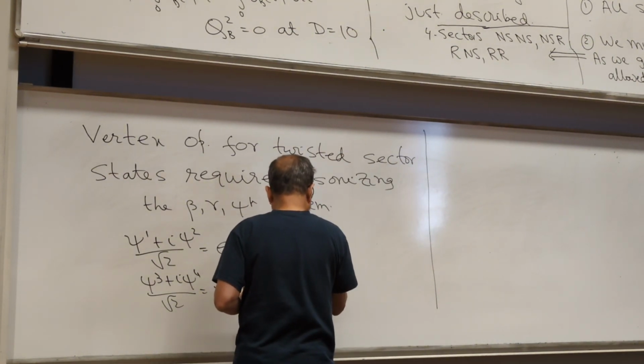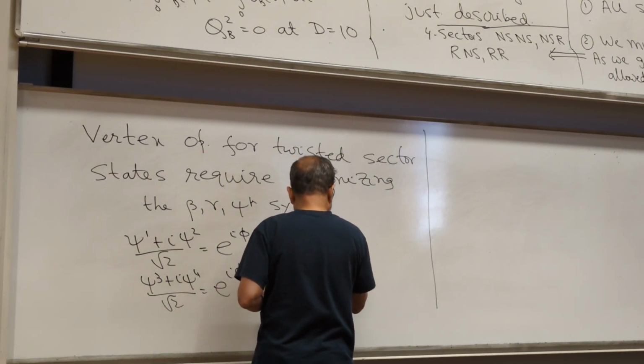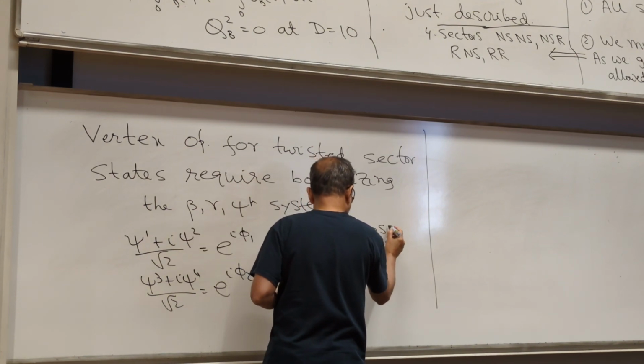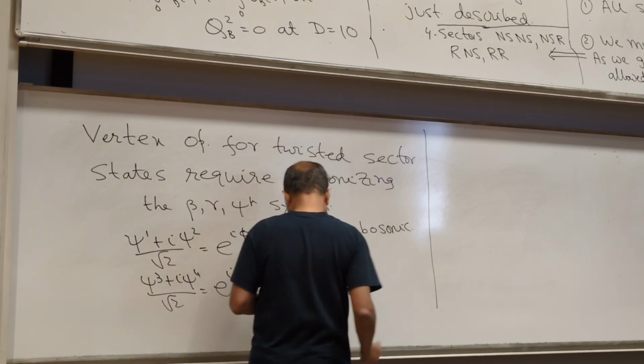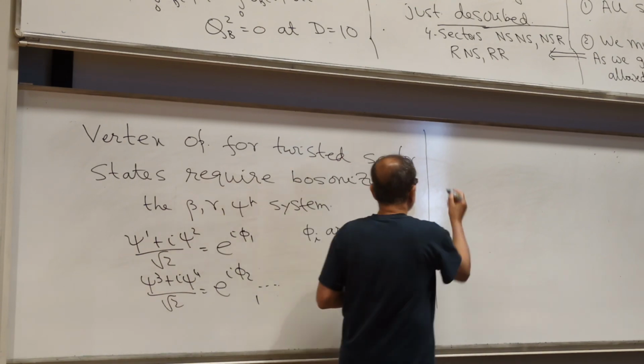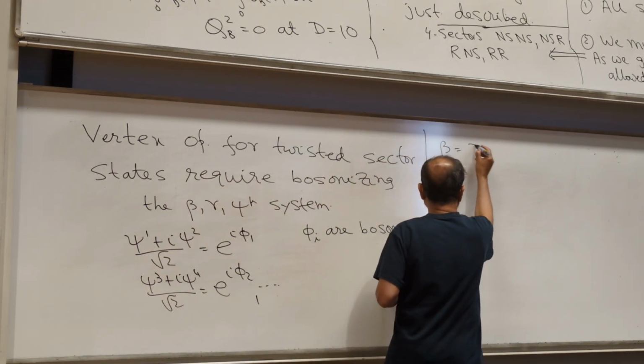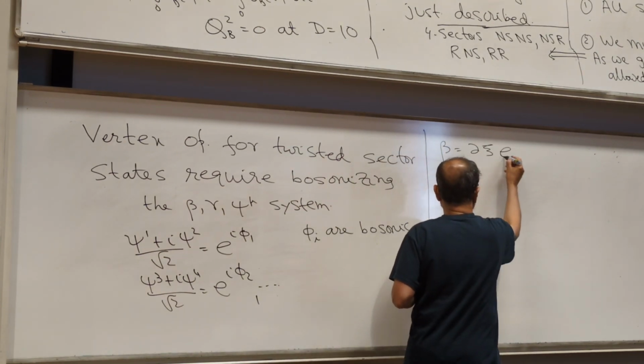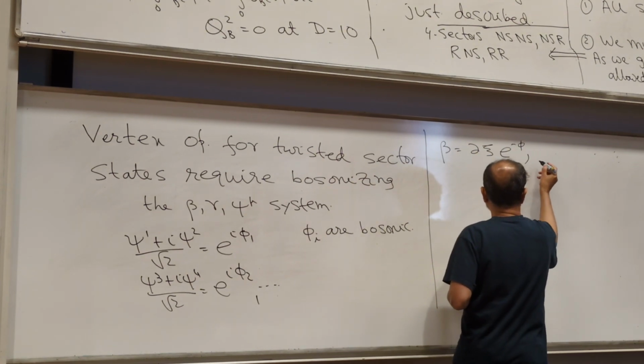I will write down their OPE soon. For beta and gamma, we bosonize as follows.